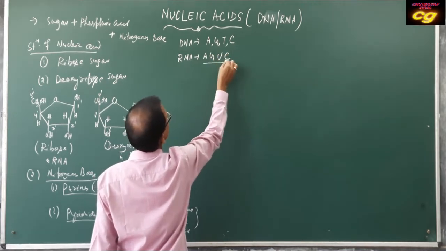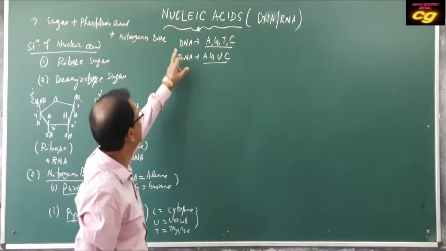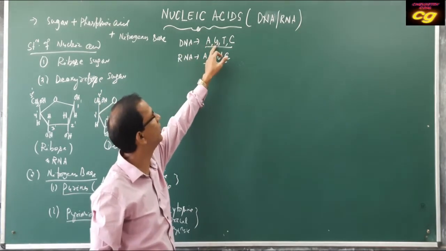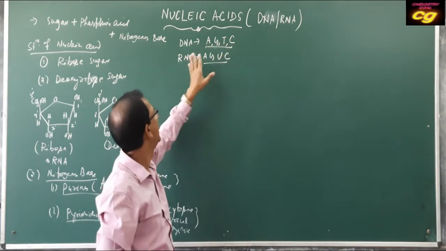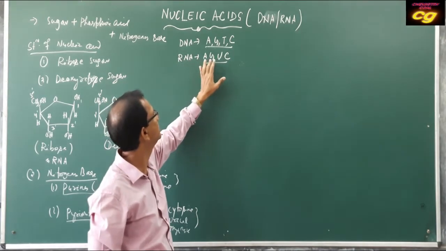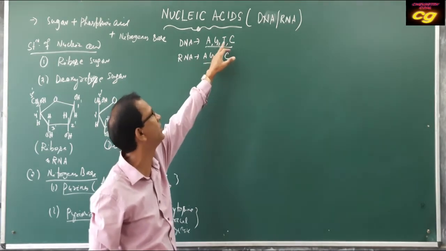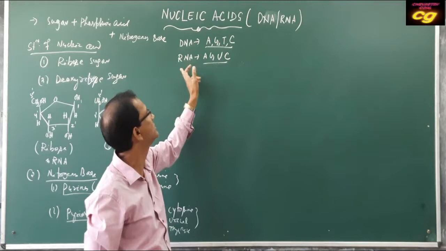This is the difference. The only difference is that thymine is replaced by uracil in RNA.